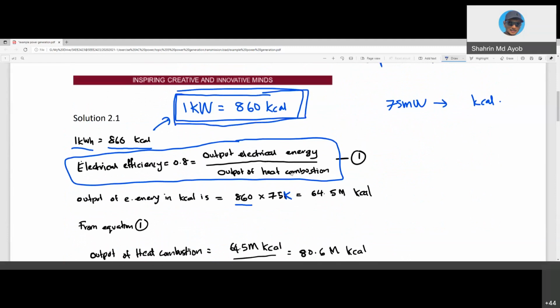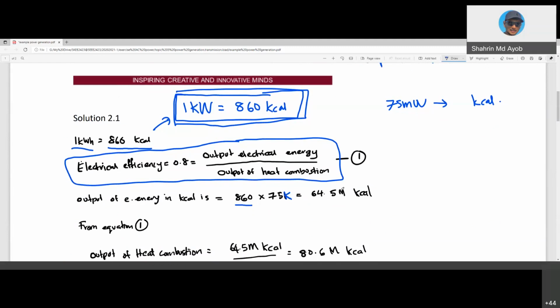Okay, this is actually 1 kilowatt equals to 860 calories. So inside 75 megawatt, it has how many calories? So that's why I just multiply with 75k. So you should have the answer is 64.5 mega calories.